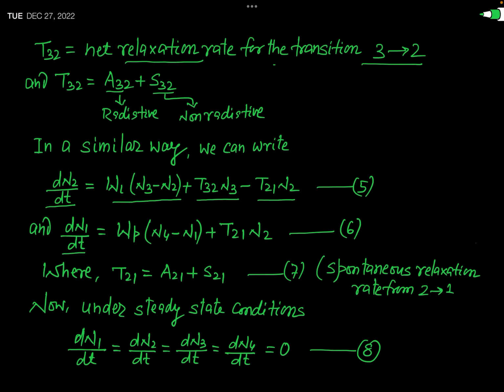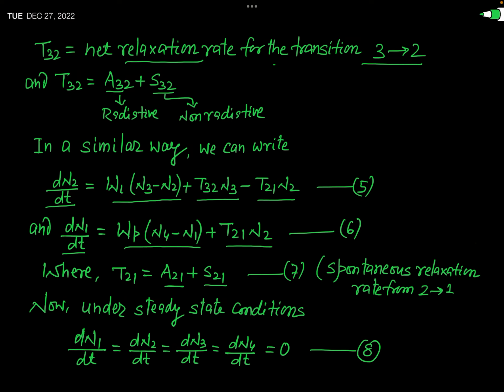And dN1 by dt will be Wp times N4 minus N1, plus T21 N2.